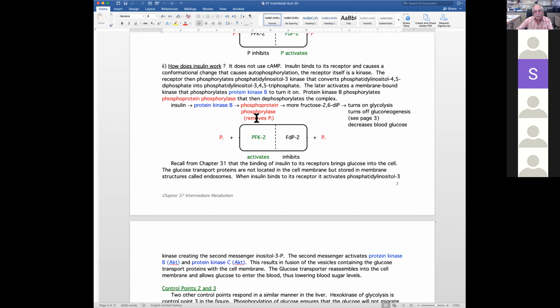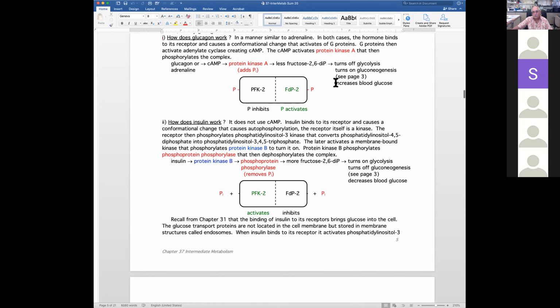So when you do that, you activate one enzyme activity and you inhibit the other enzyme activity. And that results in more fructose 2,6-diphosphate, which does the opposite of what you have up here. So it decreases blood sugar, turns off gluconeogenesis, turns on glycolysis.